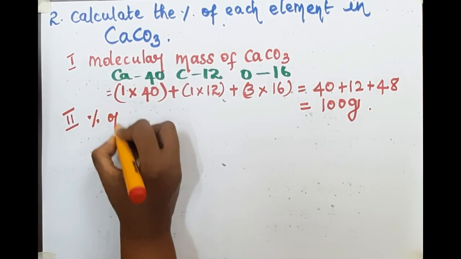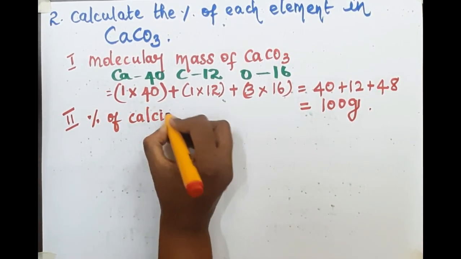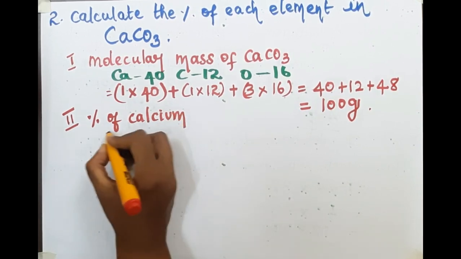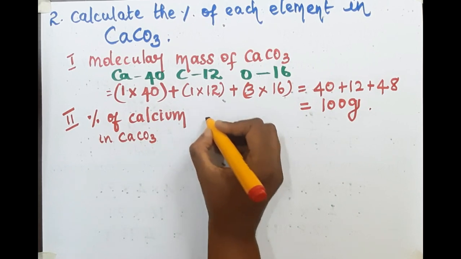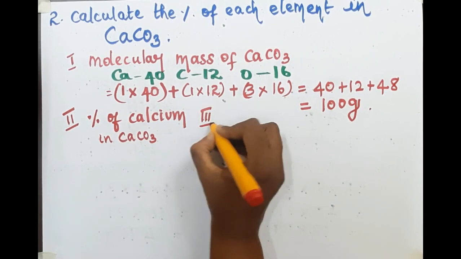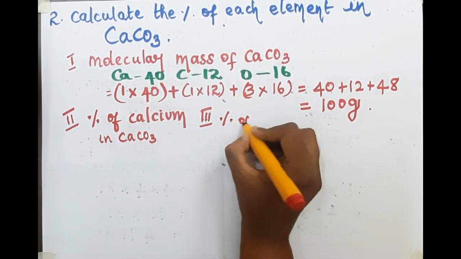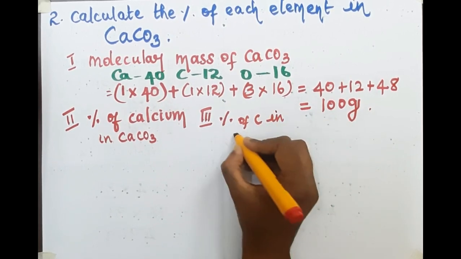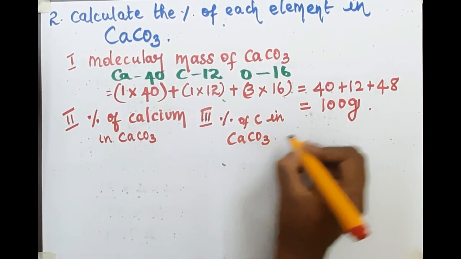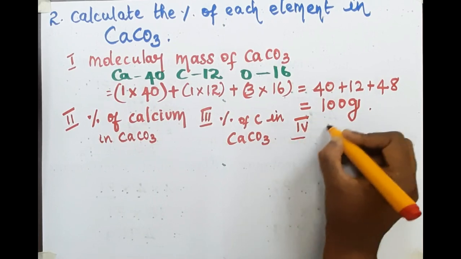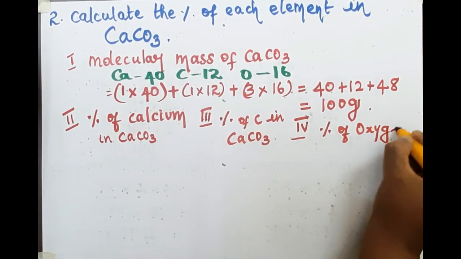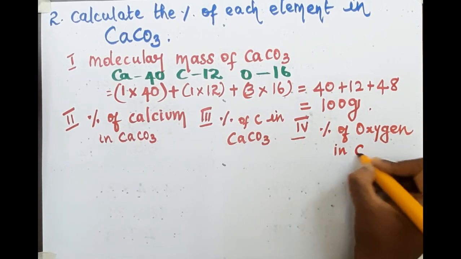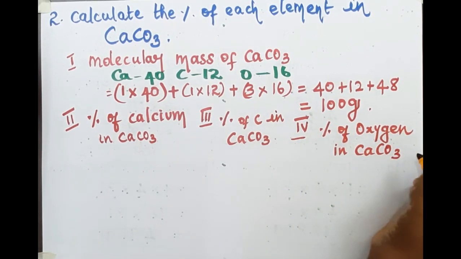Percentage of calcium in CaCO3. Next, Roman letter 3. Percentage of carbon in CaCO3. Number 4. Percentage of oxygen in CaCO3.